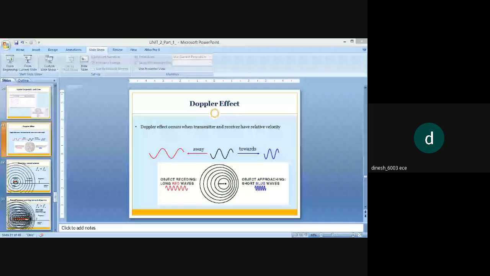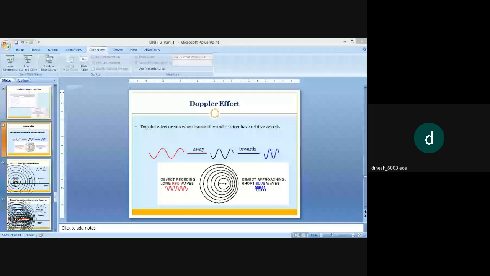In the next case, I'm going to show you a source moving towards an observer. The source, which was at rest in the previous case, is now going to move towards the observer. Now let us see. The source is moving.